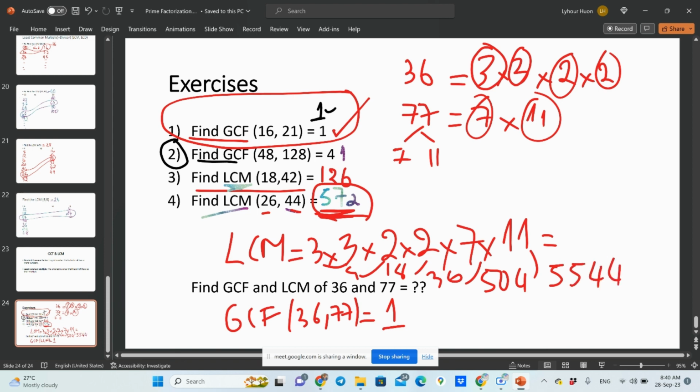Is that right? Yes, that is correct. This is the LCM of 36 and 77.